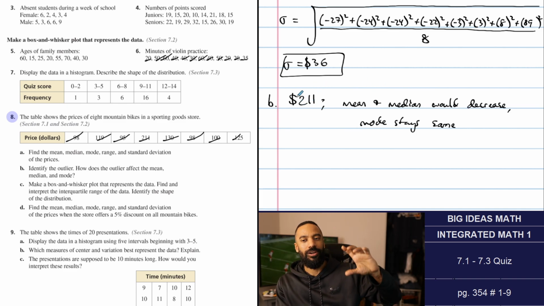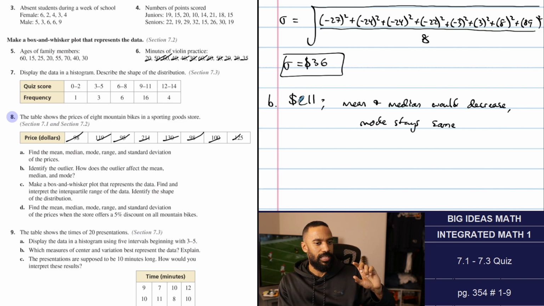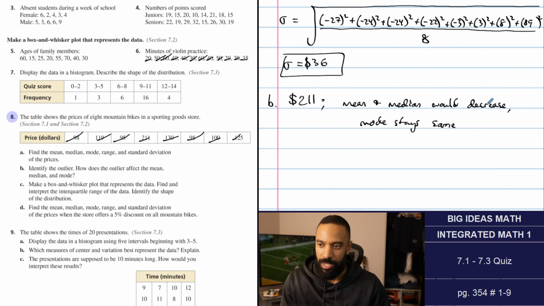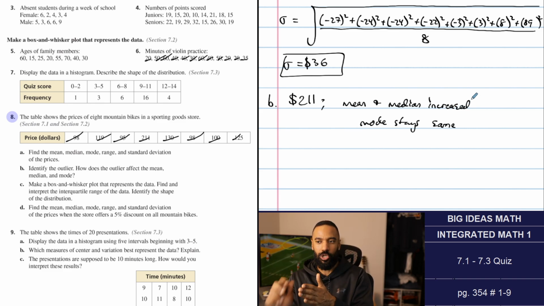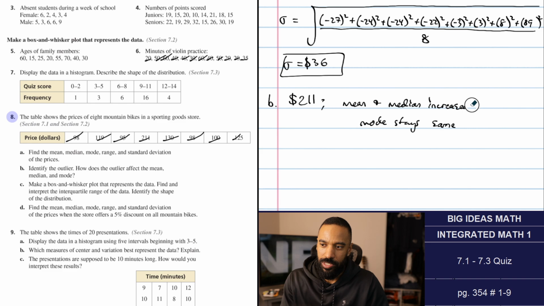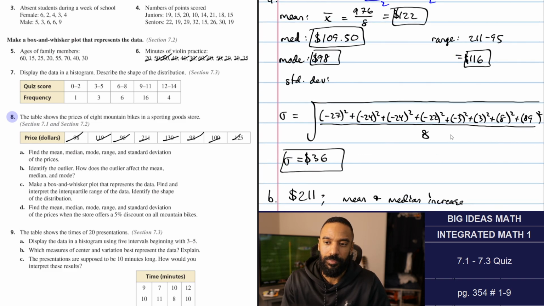Did they say, how does the outlier affect the mean, median, mode? So they increased as a result of being there. I was saying if you removed it, what would happen? The mean and median increase because of the outlier being there. The mode still stays the same.